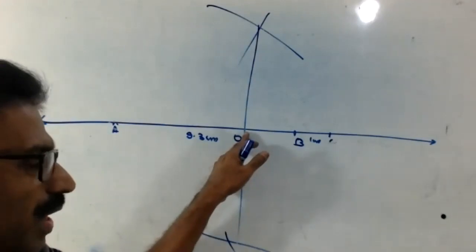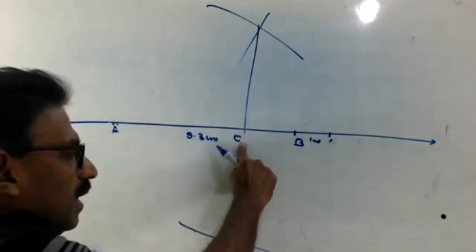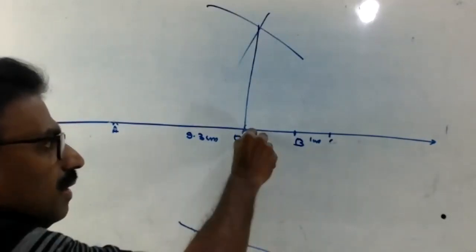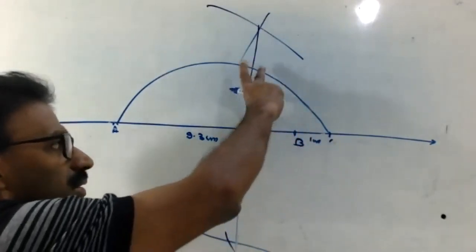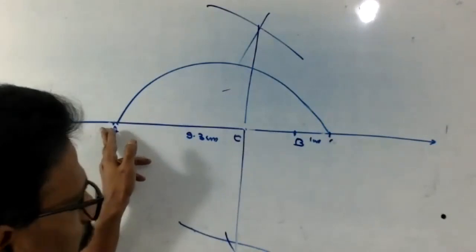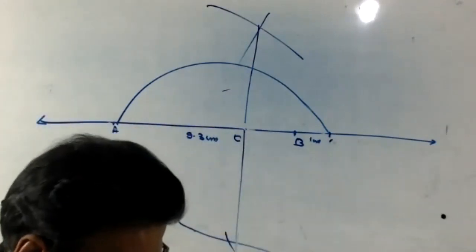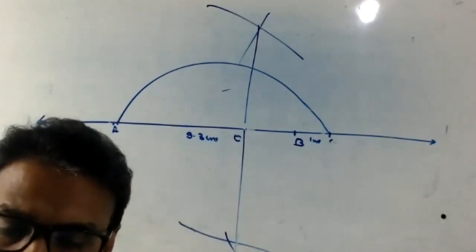Through O as center, OA as radius, here draw a semicircle like this. Read the steps: O as center, OA and OC as radius, draw a semicircle.